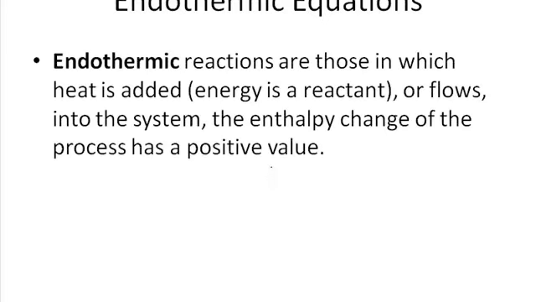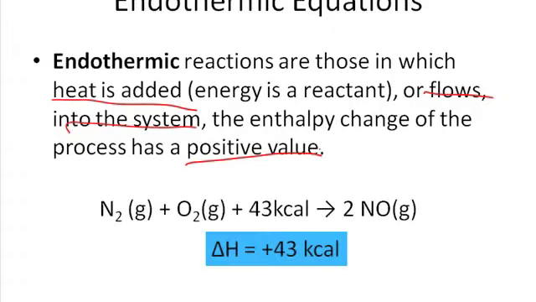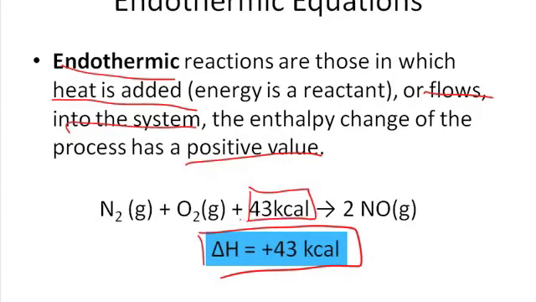Endothermic reactions are those in which heat is added, or flows into the system. Enthalpy change has a positive value. So if you see a delta H that's positive on an equation, you know it's endothermic. And if you see it on the reactant side, where it's being added to the reactants, that means it's endothermic as well.